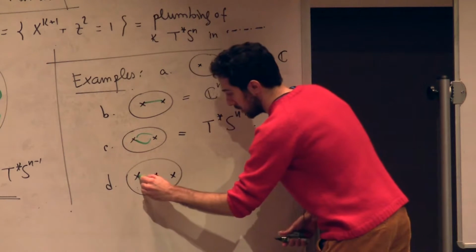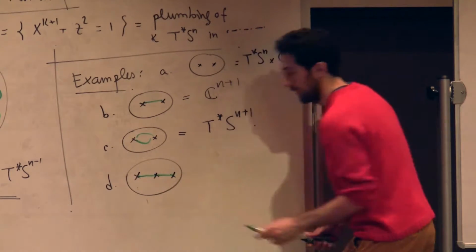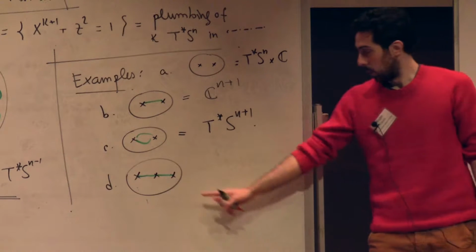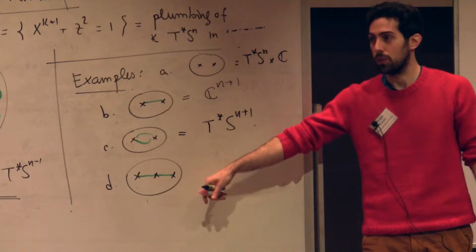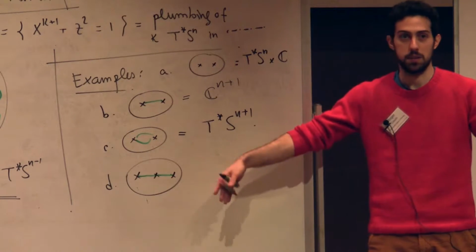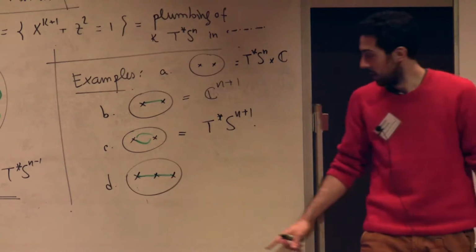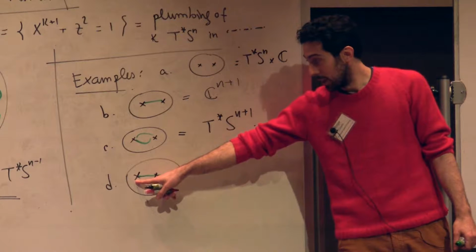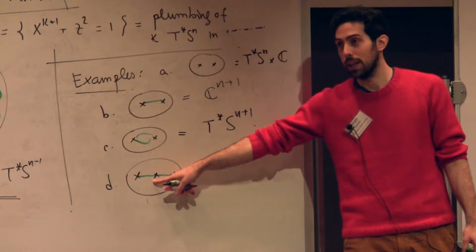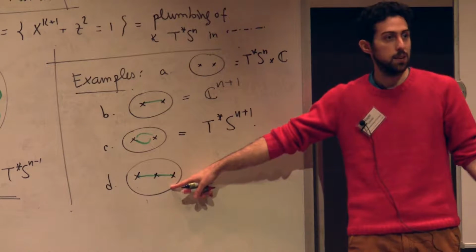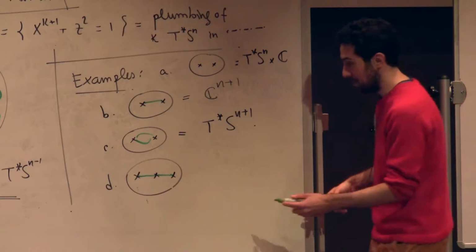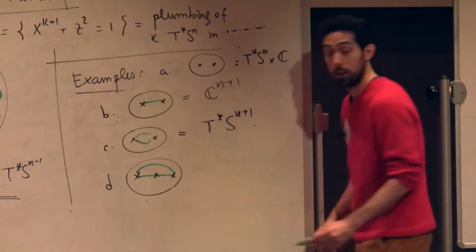So I could attach this thing, then this thing. What's sigma pi in here? Sigma pi in here is A2. If you're thinking in dimension 4, what's happening is that sigma pi is a punctured torus. And now I'm attaching in the punctured torus the first homology class and then the second homology class. So that's just C^(n+1). And now I might attach this fella here.